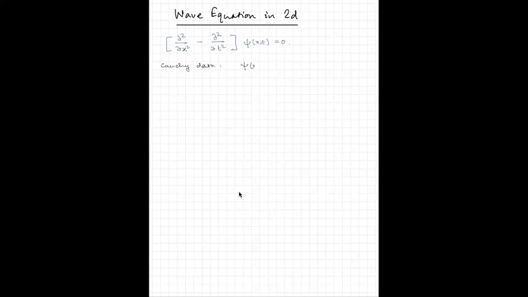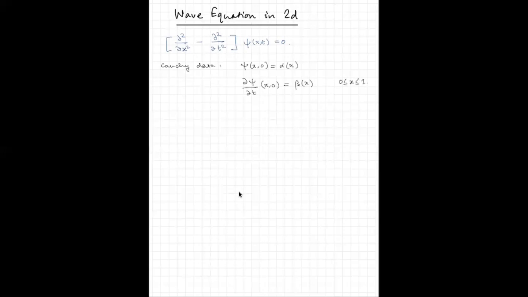That is psi of x, 0 is equal to some alpha of x, and del psi del t at x, 0 is equal to some beta of x. And we are doing this for 0 less than x less than 1.